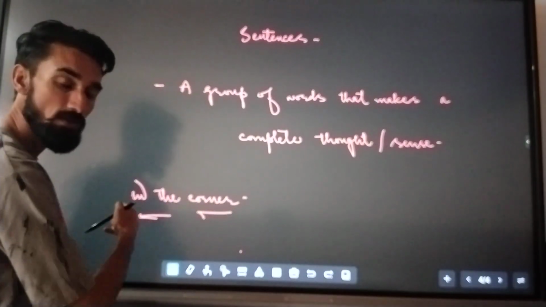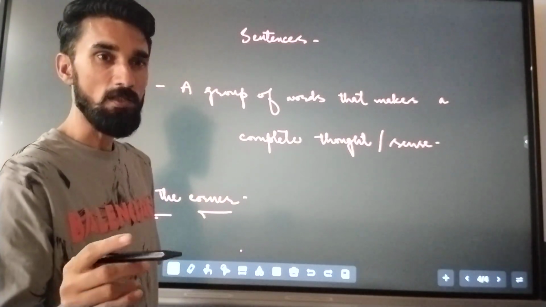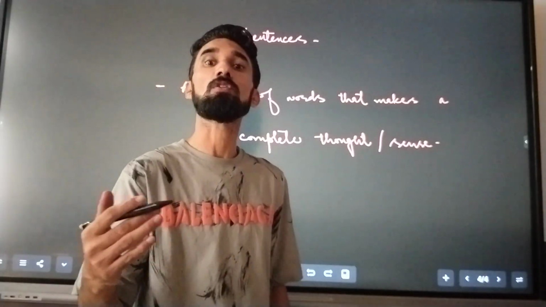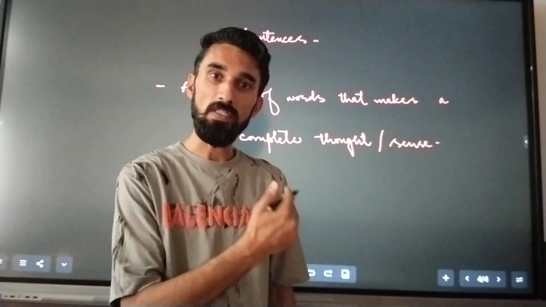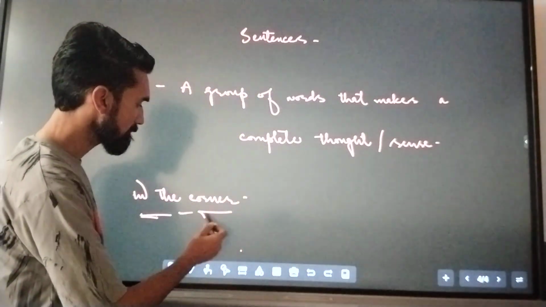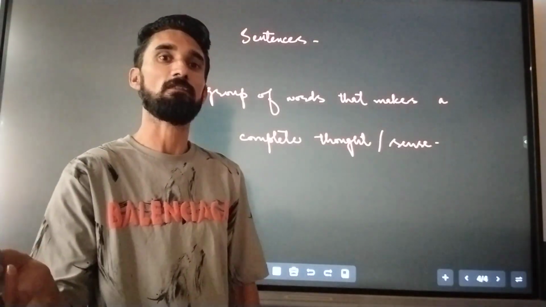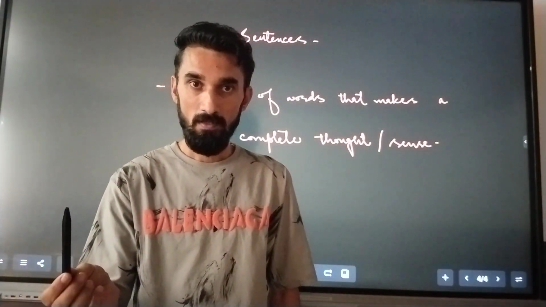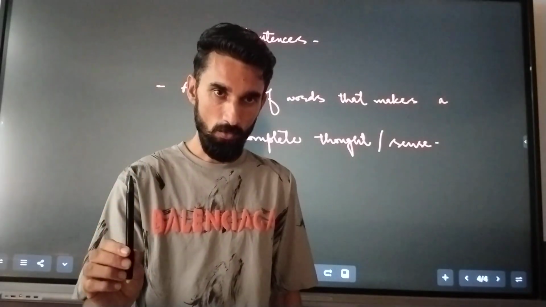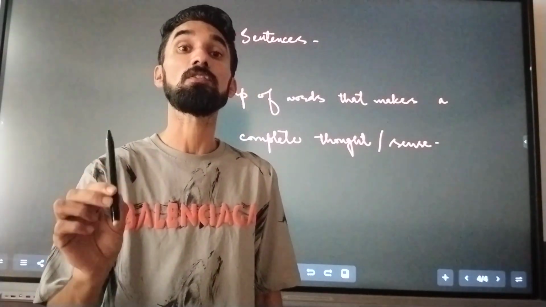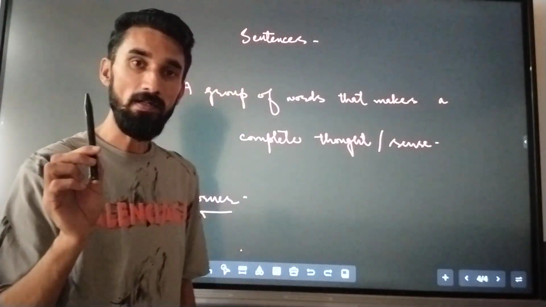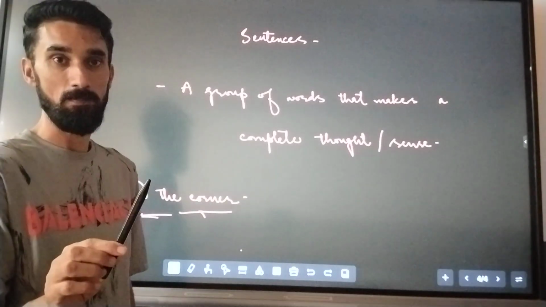In the corner, this is also a group of words. It makes some sense but not a complete one. So this can be called as a phrase. And what is the major identification of a sentence or a phrase? I have told you earlier too that a phrase does not have a verb and a sentence has a verb.